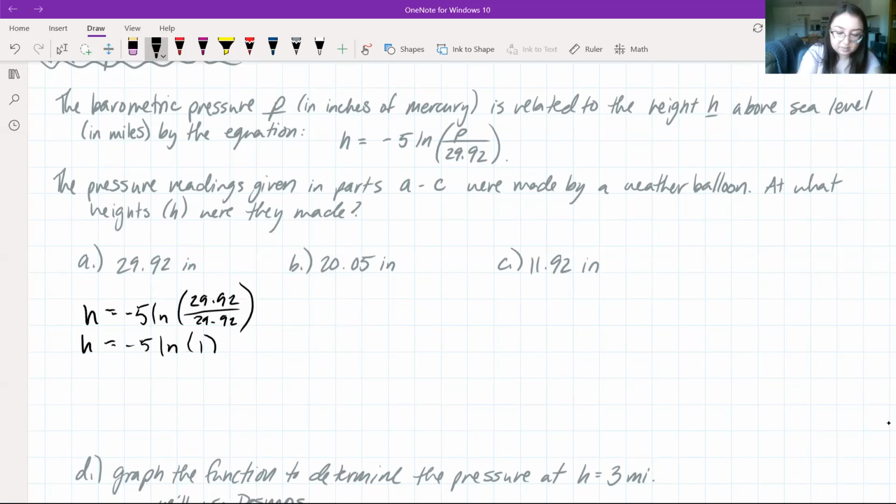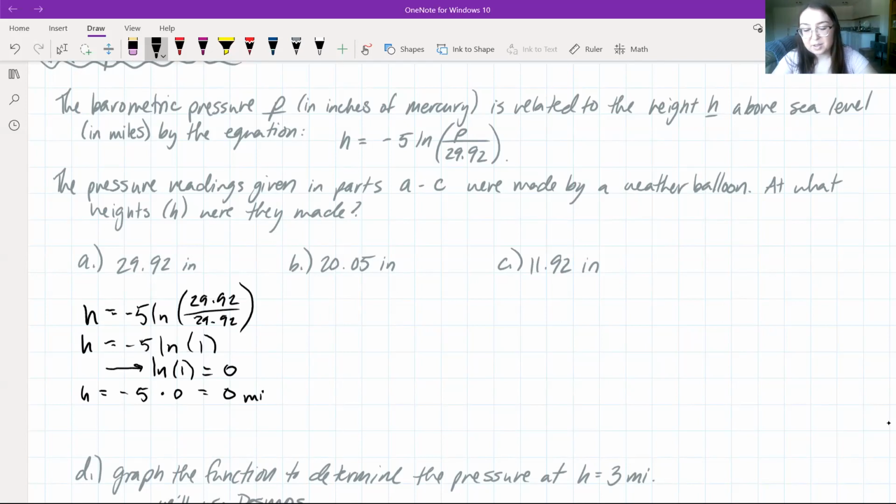The natural log of 1 is just going to equal 0, since e to the 0 power is equal to 1. So h is equal to -5 times 0, which is 0. For our first reading, we are 0 miles above sea level, so we're at sea level.